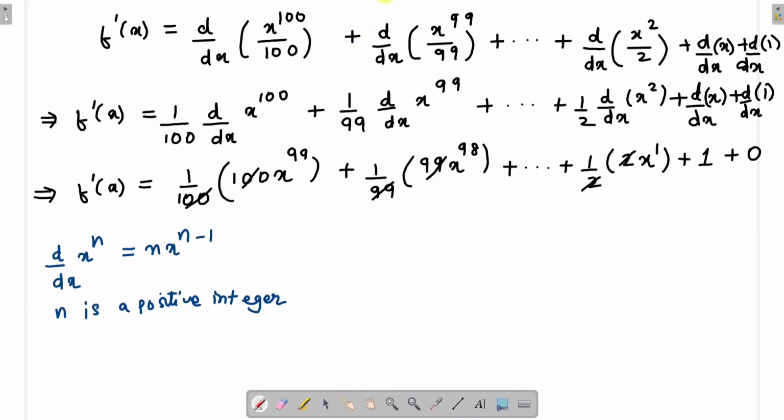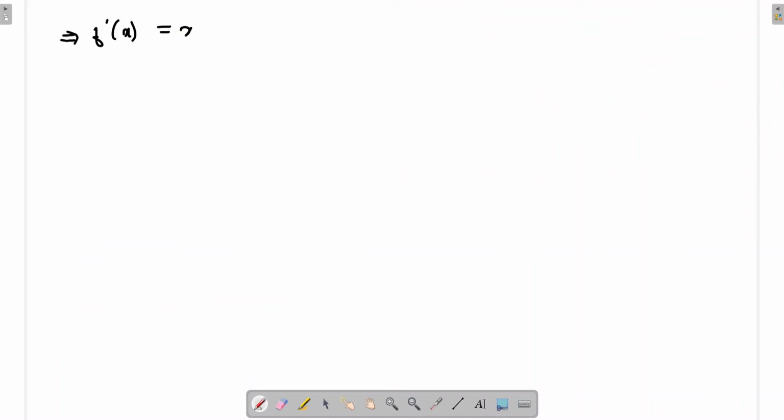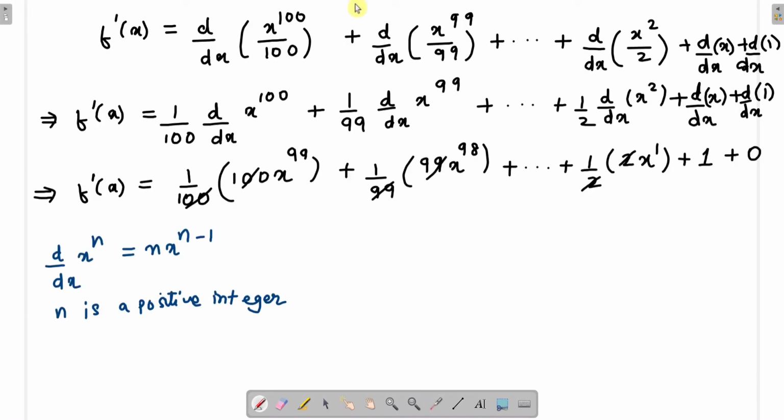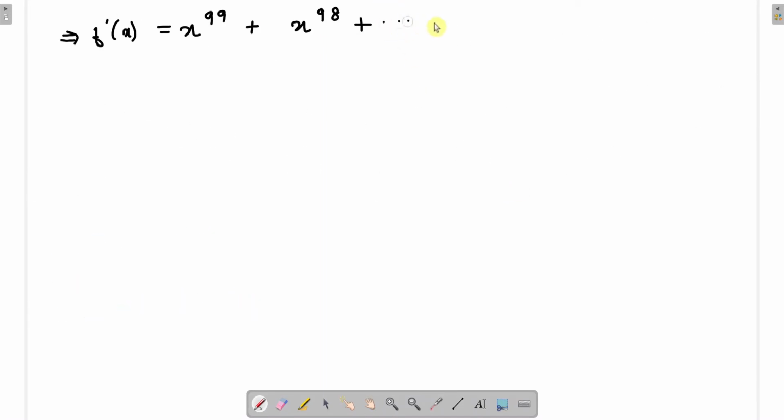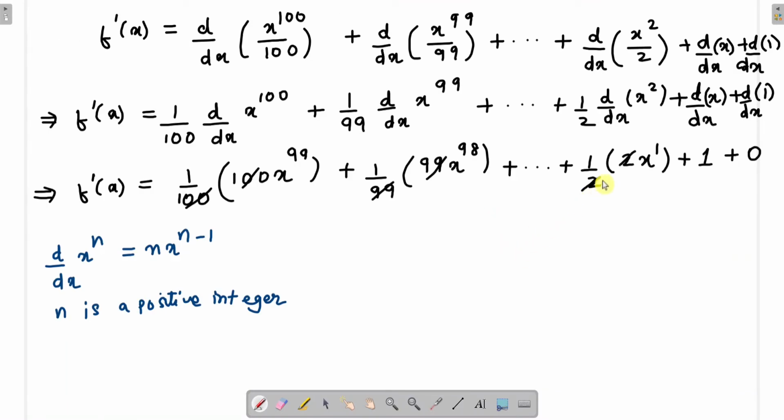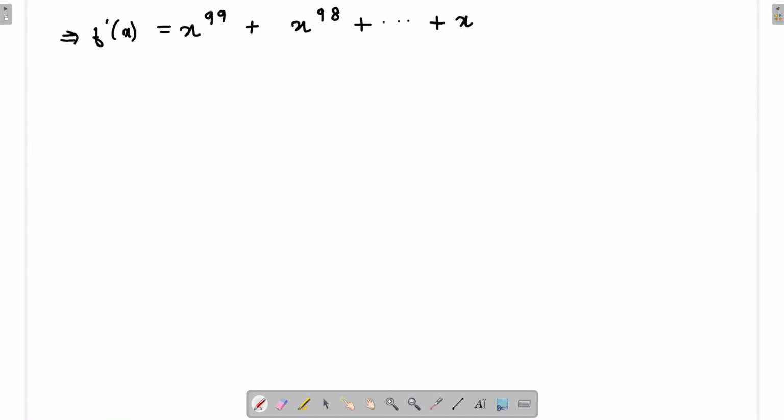Okay, so what you will get is f prime of x equals x raised to 99, plus x raised to 98, plus and so on, plus x raised to 1, that is x, then plus 1. Okay, so this is f prime of x.